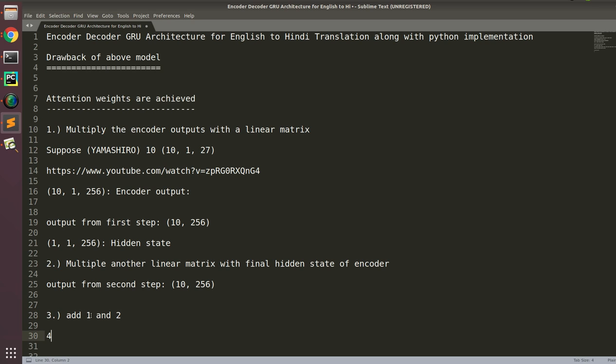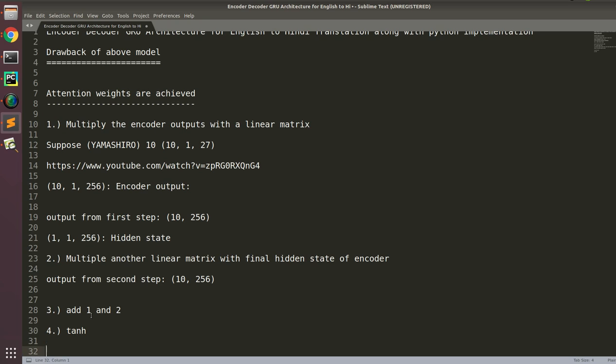After addition, we will pass it through an activation function, for example tanh. If we pass it through tanh, it will limit the values between -1 and 1. Then at the final stage, we will also do a linear multiplication with another matrix.